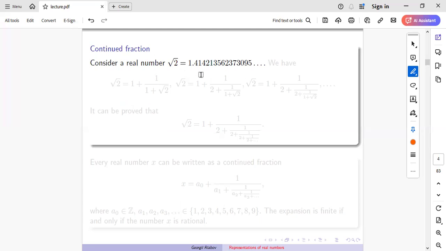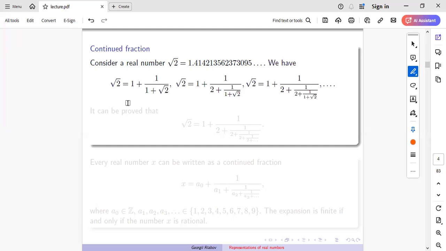So it has an infinite decimal expansion, and there is no periodicity in this expansion. However, we can find another representation of this real number in the form of a continued fraction.